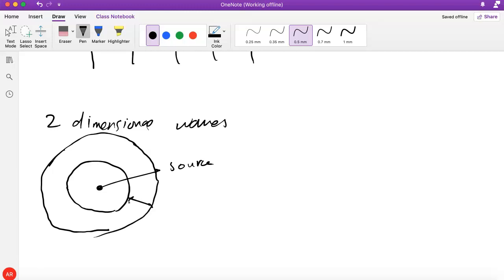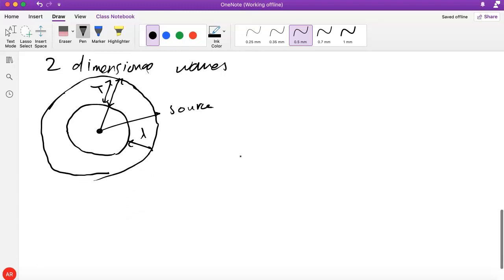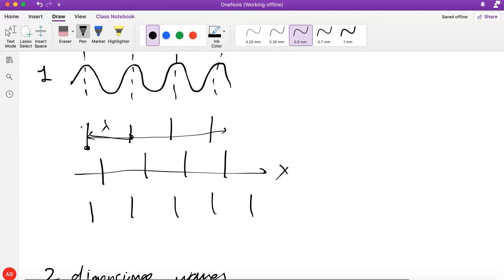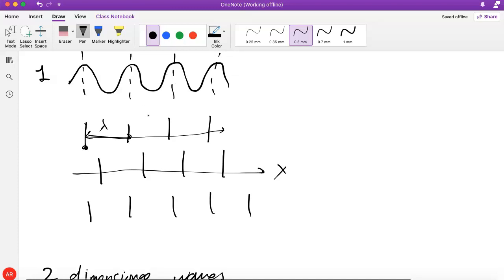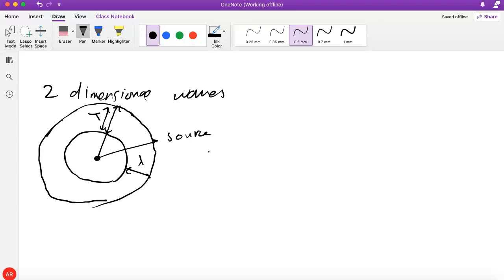The distance between all consecutive wavefronts will be the wavelength. That's like a 2-dimensional snapshot where, instead of showing all the oscillations, we just show the peaks. This is a simplified 1-dimensional snapshot for the full snapshot where we just show the peaks, and this is a 2-dimensional analog of it.